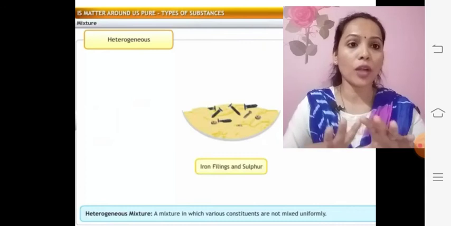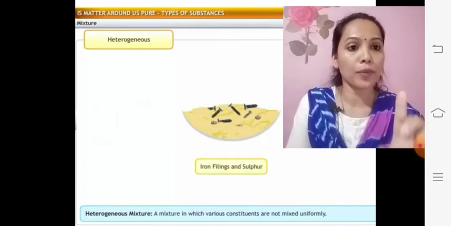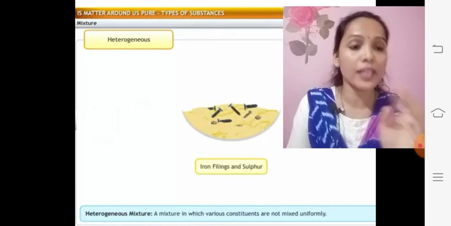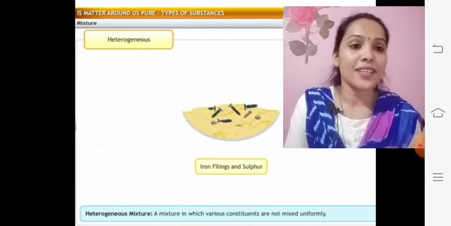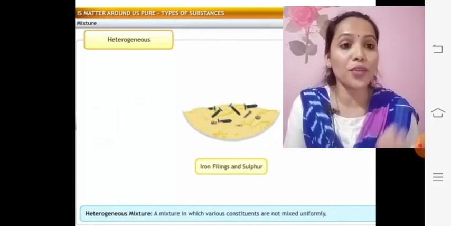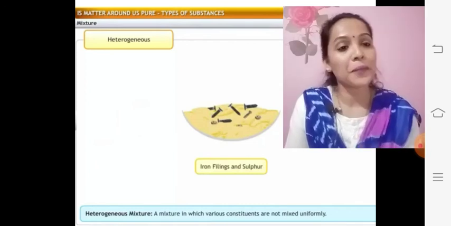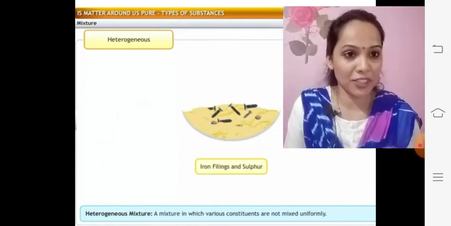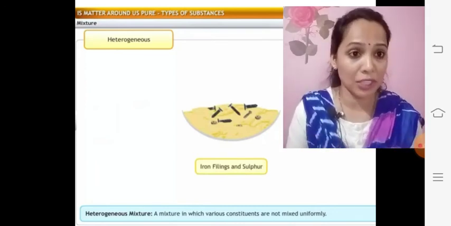That means it has not been distributed uniformly. So, this is an example of heterogeneous. Hetero means different composition, non-uniform composition. Genus, generating. If a mixture is generating a non-uniform composition, then such mixtures are called heterogeneous mixtures. Hope you are clear with what we mean by heterogeneous and homogeneous mixtures.